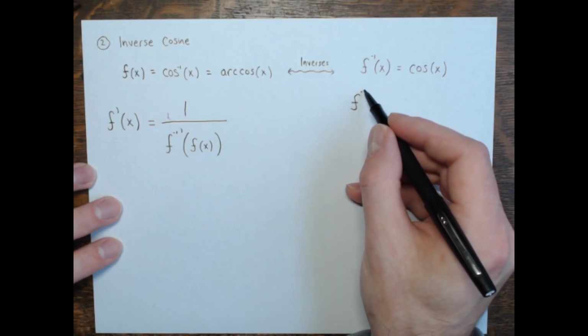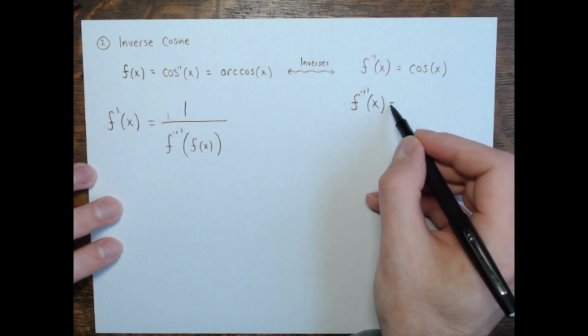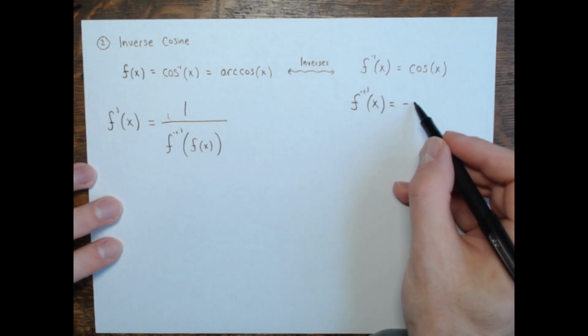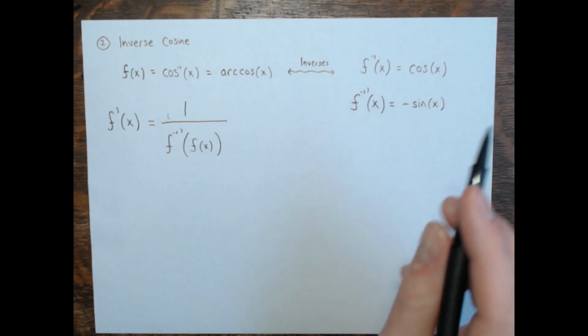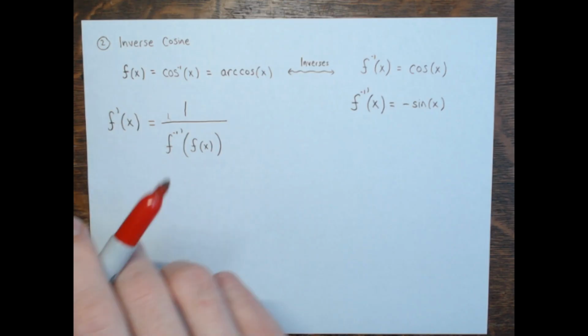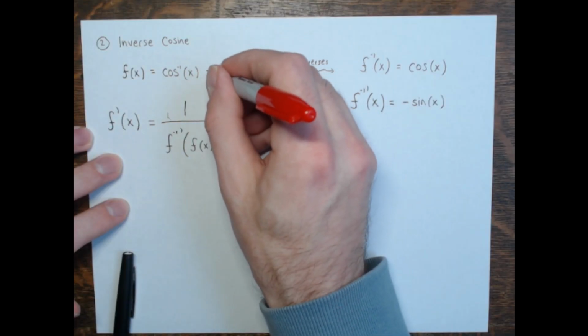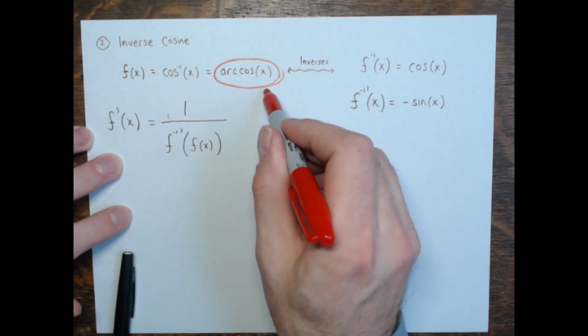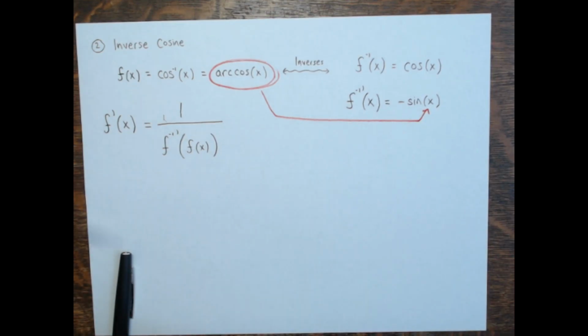And the derivative, so f inverse prime here, the derivative of plain old cosine of x was the opposite of the sine of x. And then once again, I'll be putting the original function, my inverse cosine or arc cosine, inside this derivative.